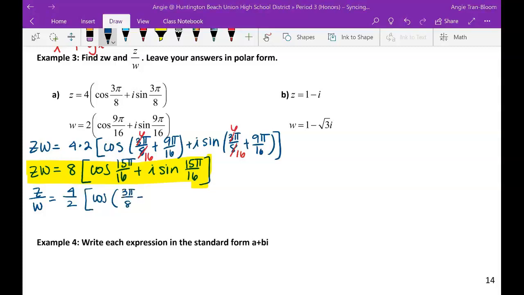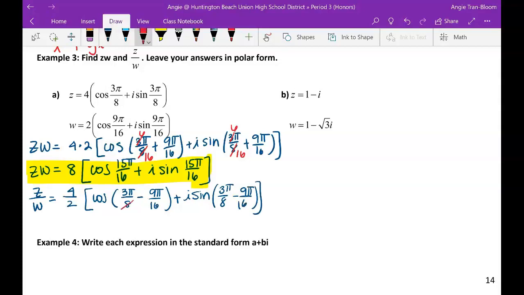So take the first angle, subtract the second angle. Same thing on this side: first angle, 3 pi over 8, subtract 9 pi over 16. Yes, I would need to find a common denominator. Since we did the multiplication above, this one should stay the same. We're still at 6 pi.